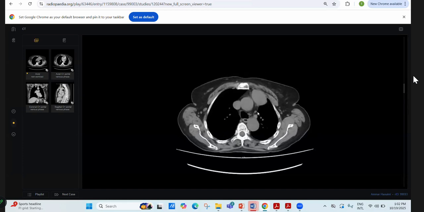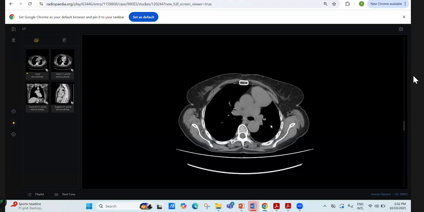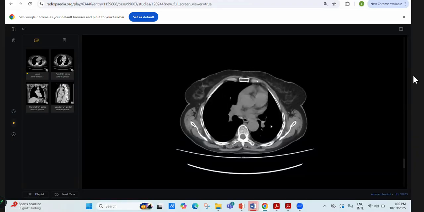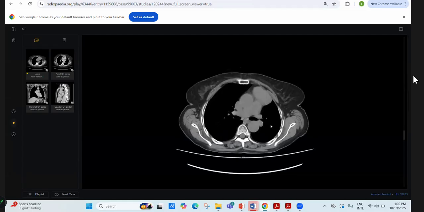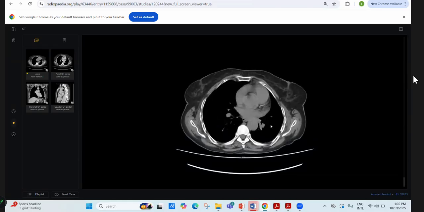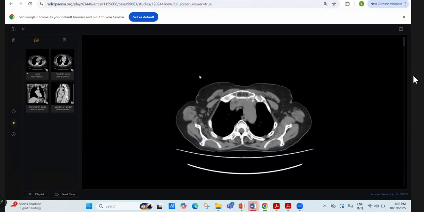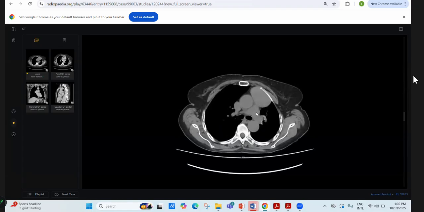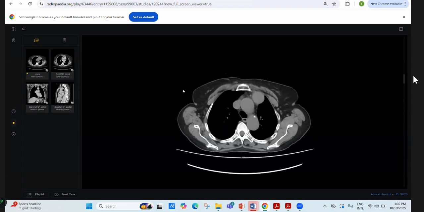There is a well circumscribed lesion involving the anterior mediastinum, and it has no internal differential density within it. No significant mediastinal lymphadenopathy is seen. So I would like to go for a contrast study for further evaluation of this lesion.